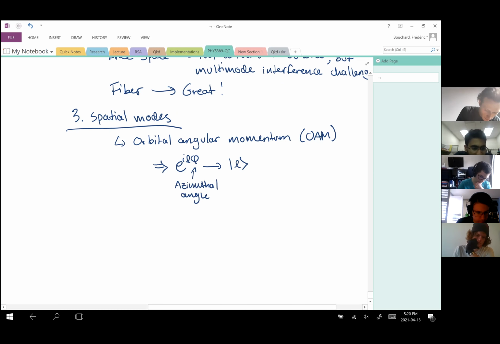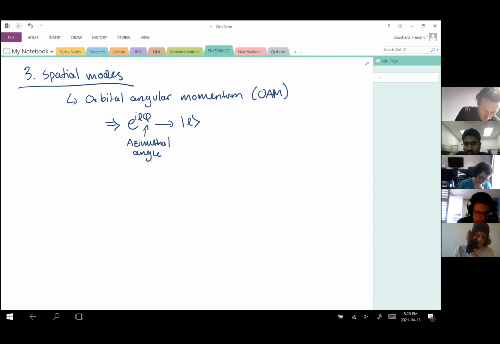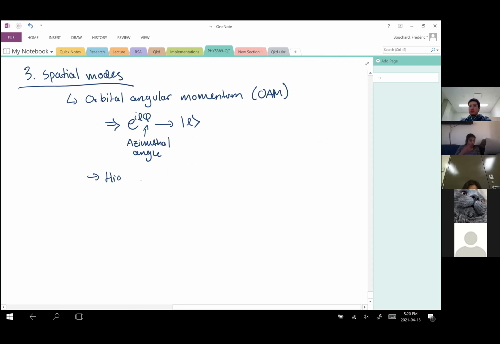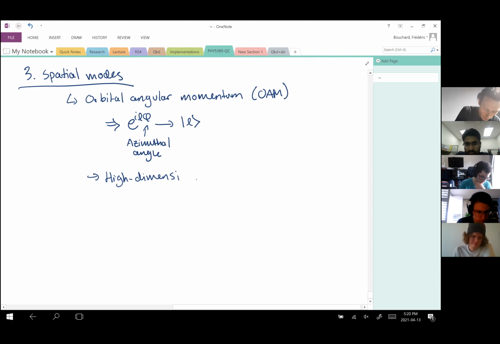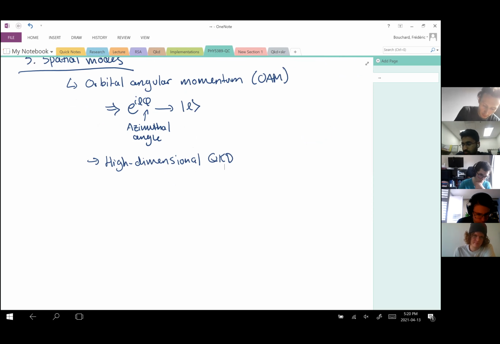The reason why this can be interesting is you can extend these protocols to high dimensional QKD, where instead of only considering qubits, you can also consider qudits. So now you're not just dealing with zeros and ones, but you can deal with 0, 1, 2, 3, 4, and so on.